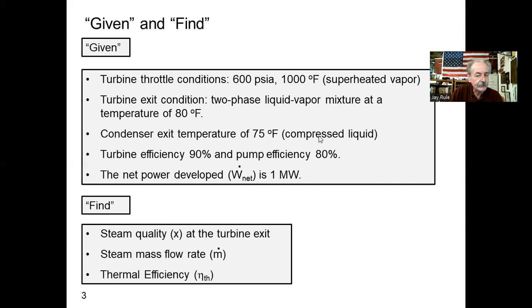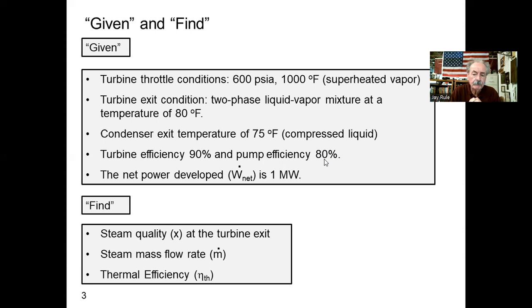Now, a little thinking and sketching is going to show us that the state leaving the condenser for this problem is going to be a compressed liquid at the condenser pressure. Turbine efficiency and pump efficiencies are both given. What does that tell us? That tells us that neither the turbine nor the pump are isentropic. It says there's some irreversibilities going on in both of those, even though they are both adiabatic.